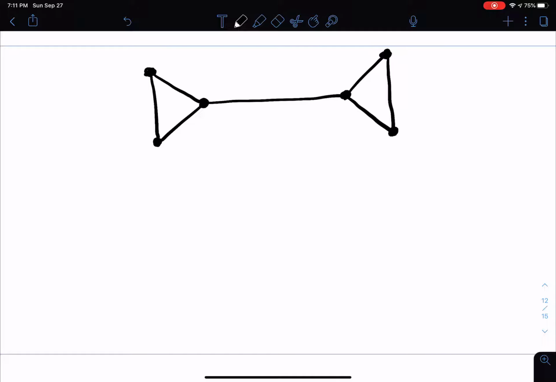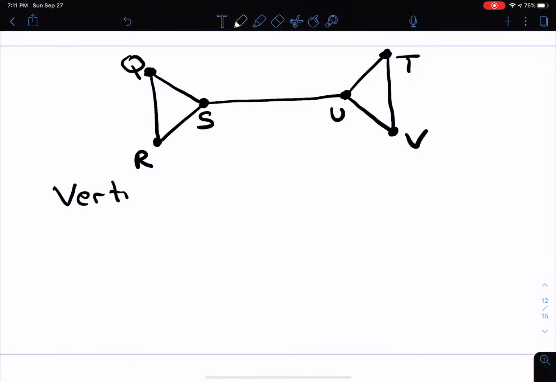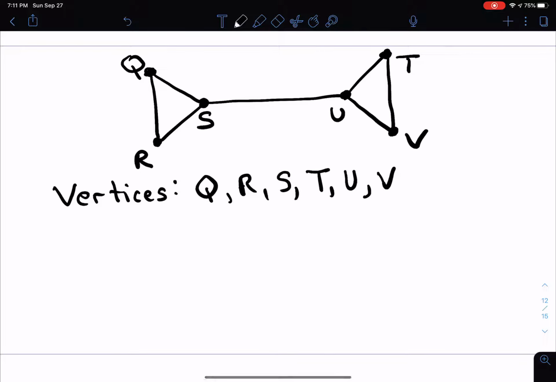So I'm going to name these Q, R, S, T, U, V. Okay, so my vertices are Q, R, S, T, U, V.